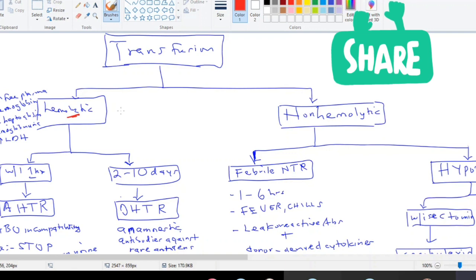So most likely it's going to be a transfusion reaction. What you want to do immediately is to determine if the patient is undergoing a hemolytic transfusion reaction or a non-hemolytic transfusion reaction.